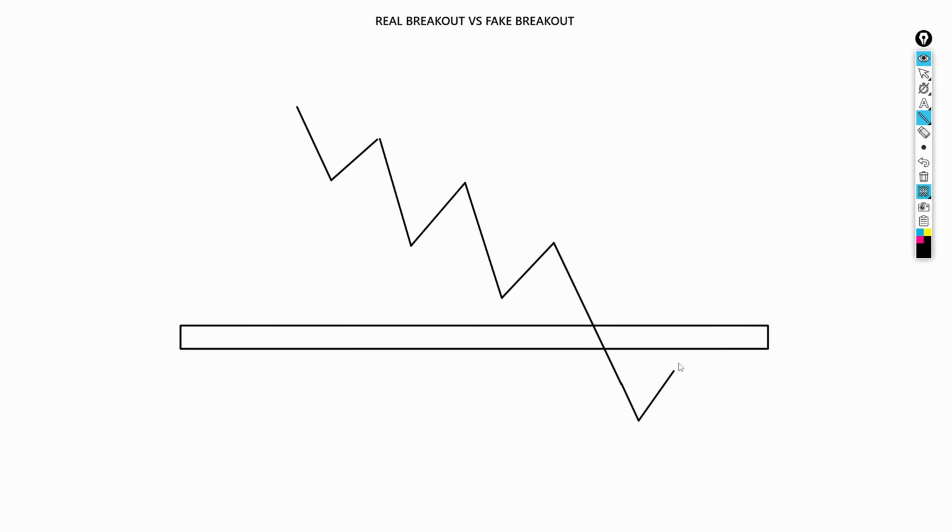Once the retracement phase has started, you will draw this as the support, then wait for a clear break. Once you have a clear break, this is now a confirmation that this particular selling move was not fake, it was not a trap, but caused by real selling pressure. So once you have real selling pressure, then you can apply your strategy according to the direction which you wanted to trade. Now, I think I have explained the concept.